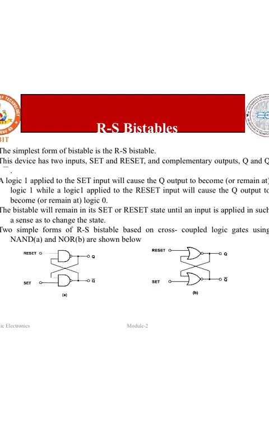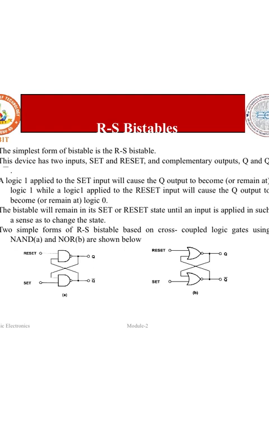A logic 1 applied to the set input will cause the Q output to become logic 1, while a logic 1 applied to the reset input will cause the Q output to become logic 0. The bistable will remain in its set or reset state until an input is applied in such a sense as to change the state.